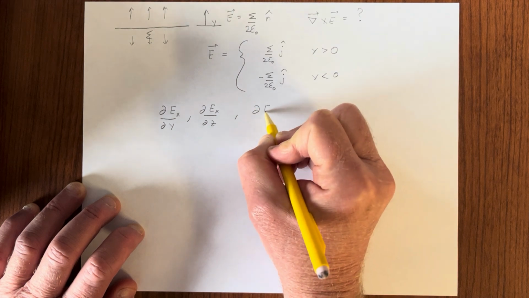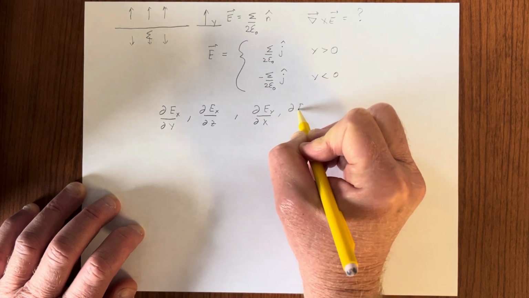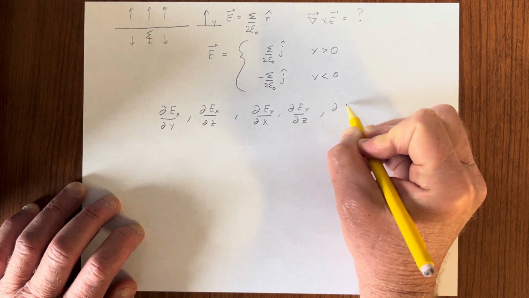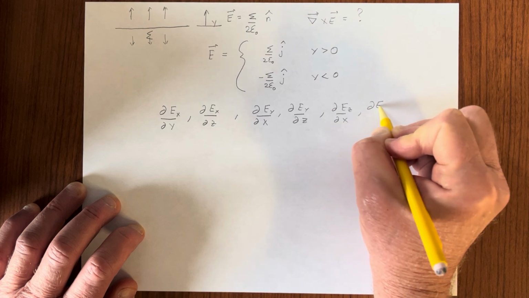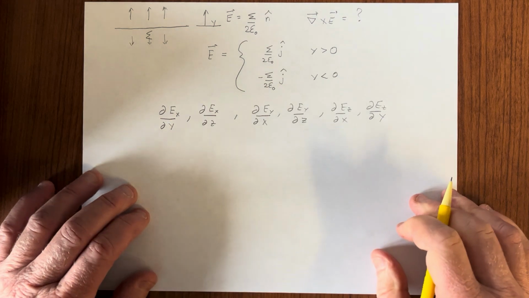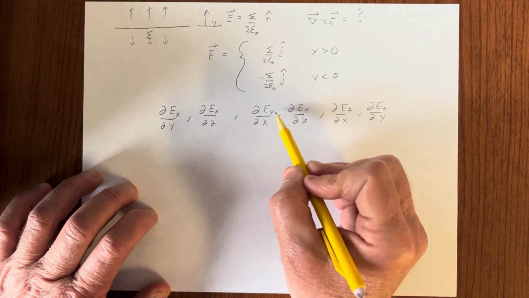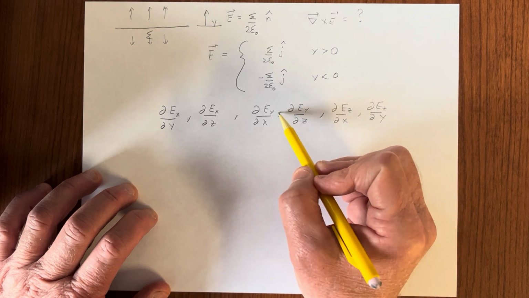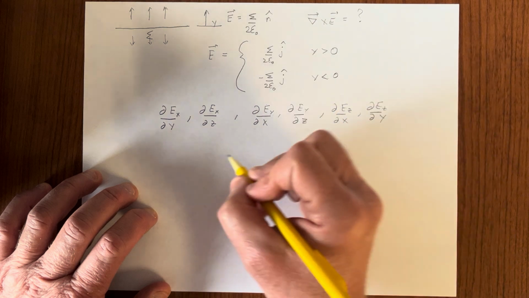Then we have the derivative of the y component with respect to x, the derivative of the y component with respect to z, the derivative of the z component with respect to x, and the derivative of the z component with respect to y. And given that we only have an E_y, and the E_y is constant everywhere, it doesn't vary with respect to x or z, and so this must be equal to 0.